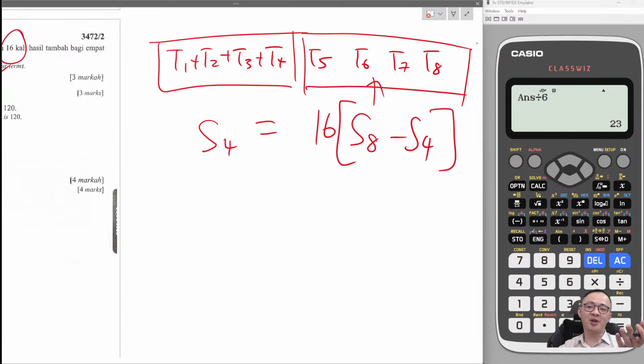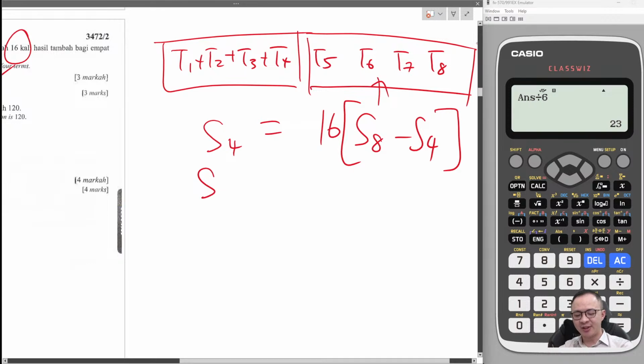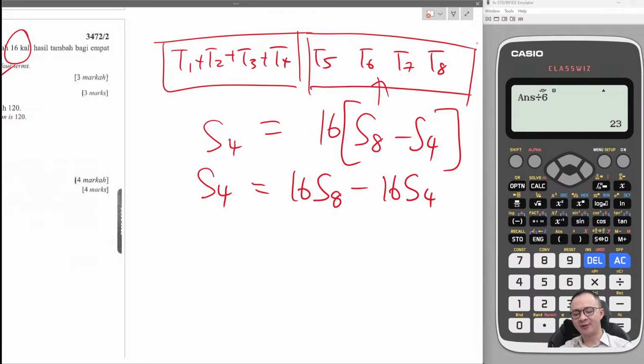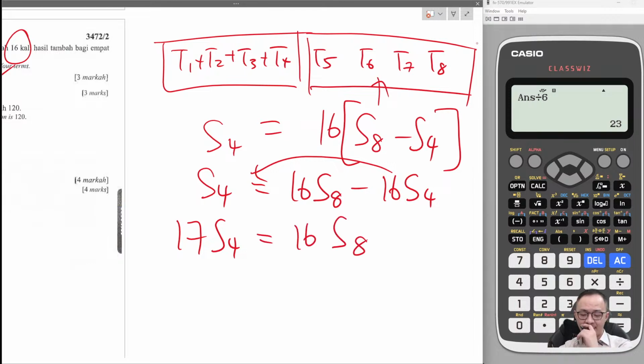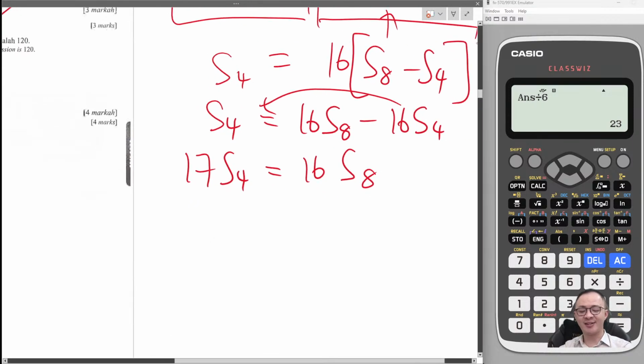So it equals 16 of this one. In this question, we have one objective: we want to show that r equals 1 over 2. So this is S4, this one is 16 S8 minus 16 S4. I move the 16 S4 over here, I will get 17 S4 equals 16 S8. Okay, now I will insert my Sn equation.